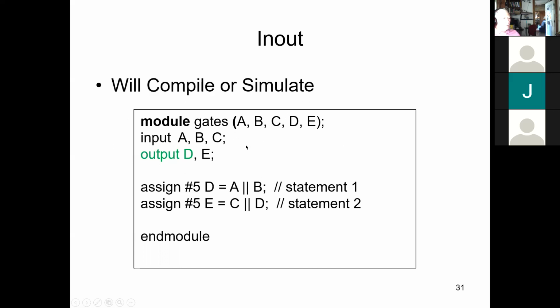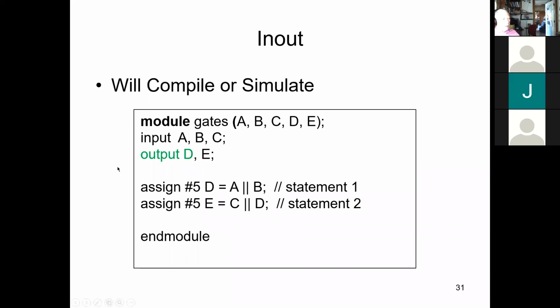So here's an example. We have 2 gates. We have 5 variables, A, B, C, D, E. Inputs A, B, C, outputs D, E. And here they are. But notice one of the little confusing things. D is an input here.